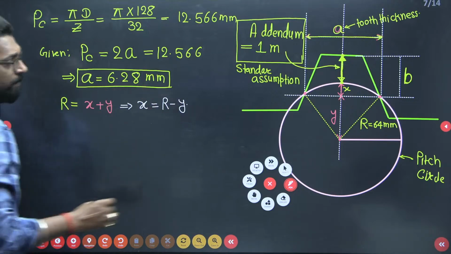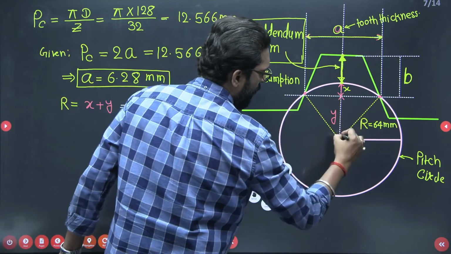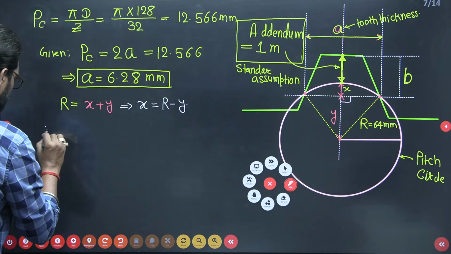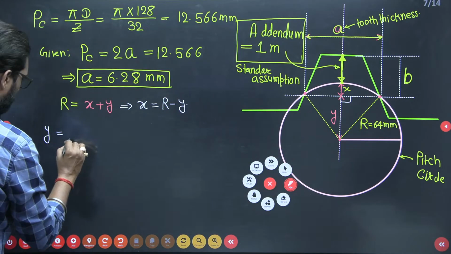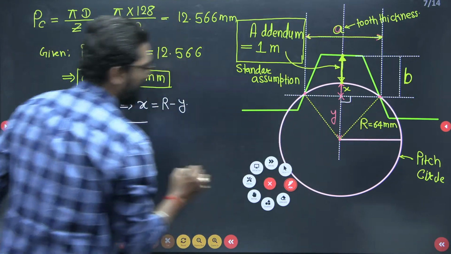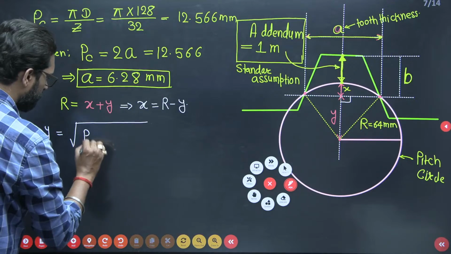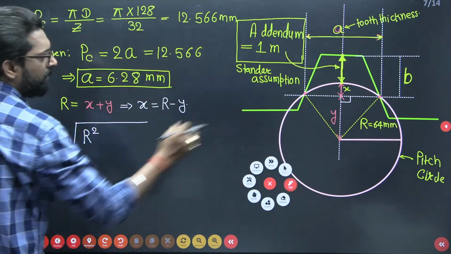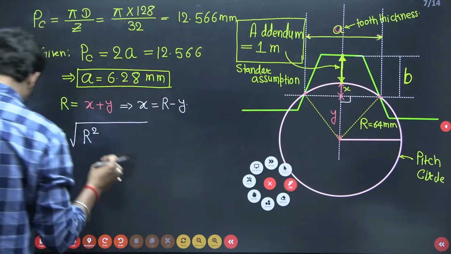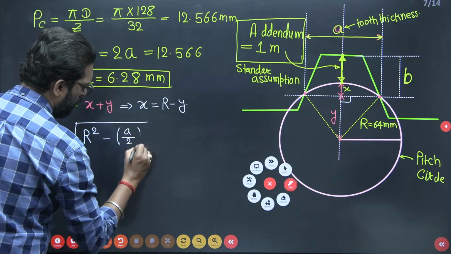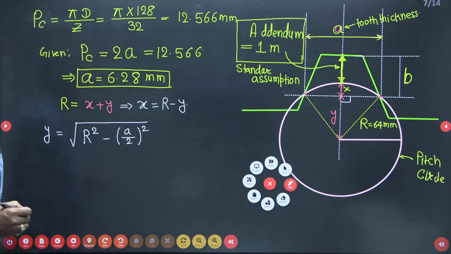What is Y? In this triangle, this is 90 degrees. So Y is equal to the square root of R square minus A by 2 whole square. Clear or not? This is A by 2.